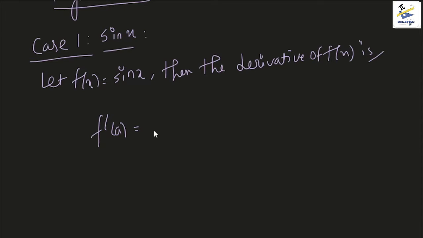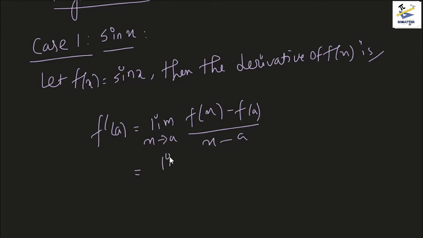So here, as you can see, the question asks us for f of x equals sin of x. So the limiting definition would be limit x tends to a of f of x minus f of a by x minus a, right? Another definition for the limit, which I am going to write now, is the one we are going to use while solving the problems. This is limit h tends to 0 of f of a plus h minus f of a divided by h.